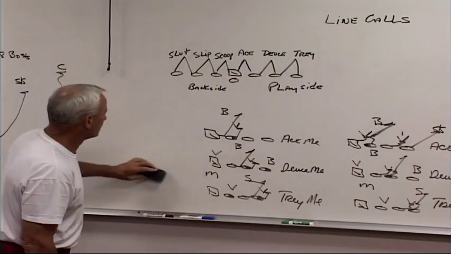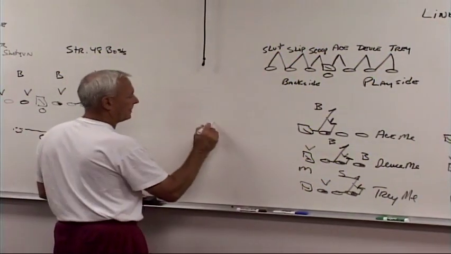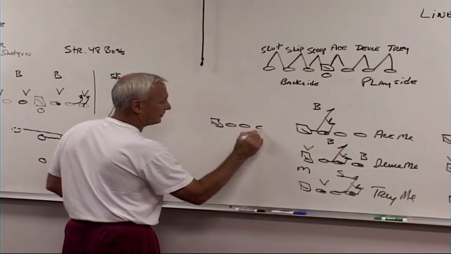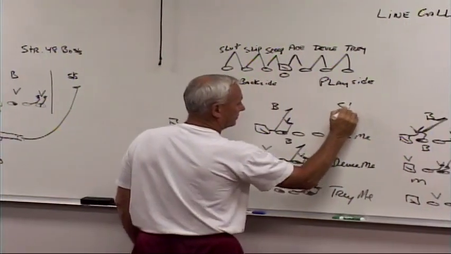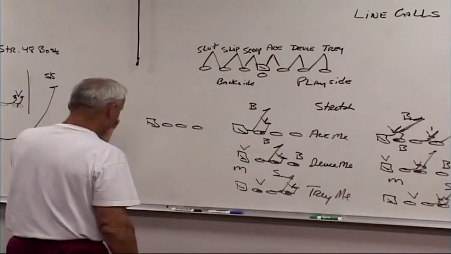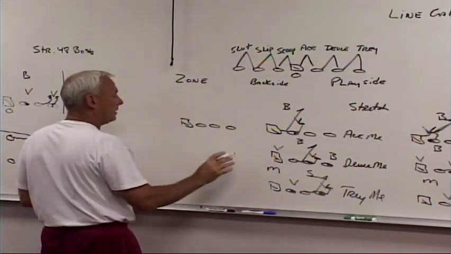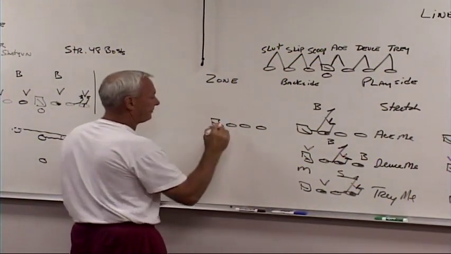Now the other forms that we have on this: if we're running a stretch, like I said, this is the main call on stretch. Now say we're going to run zone, the inside zone, the belly play, zone 44, 45.